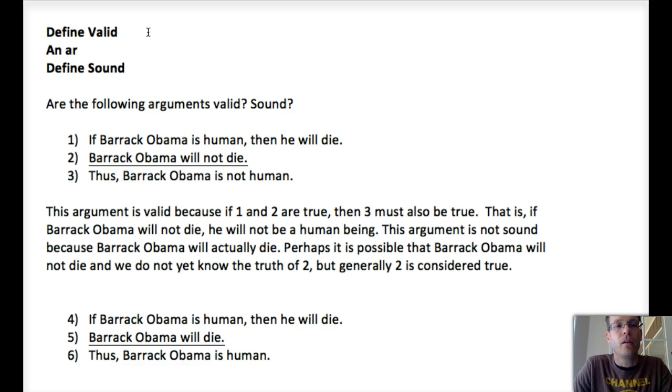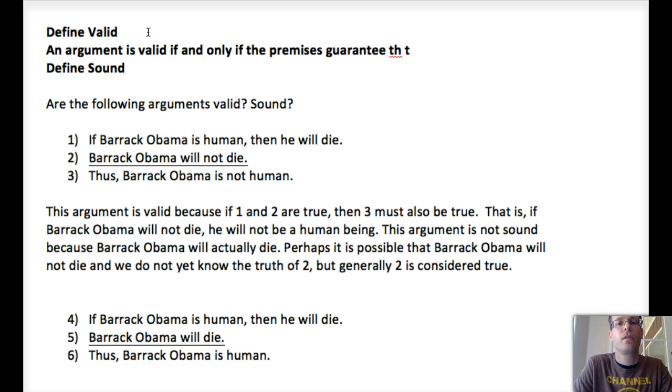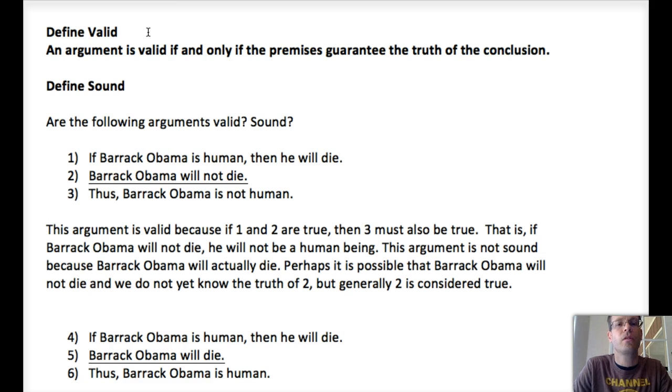Define valid. An argument is valid if and only if the premises guarantee the truth of the conclusion, or you can say the conclusion is true if the premises are true.